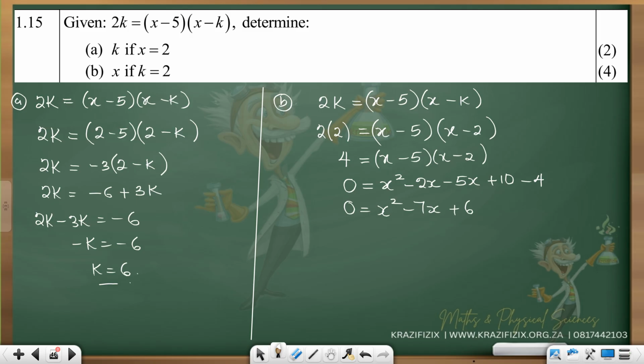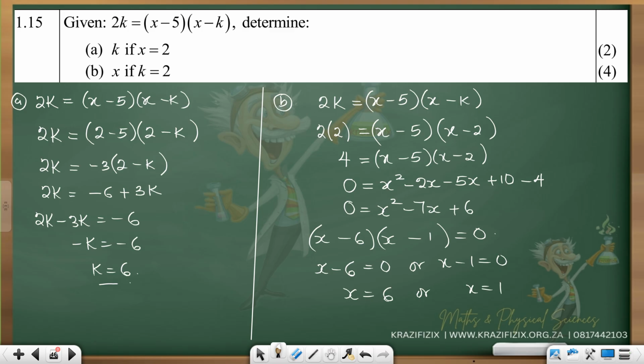You can switch the sides now for convention. Minus 6 and minus 1. Yep, that works. So x minus 6 equals 0, or x minus 1 equals 0. x equals 6, or x equals 1.